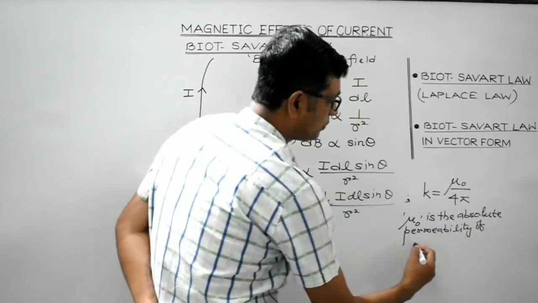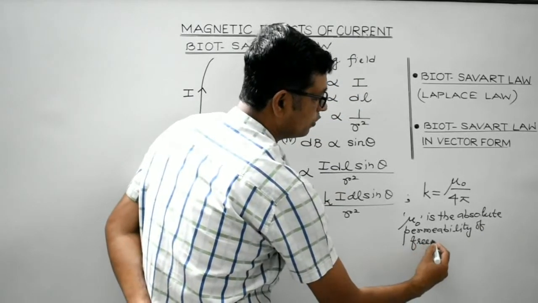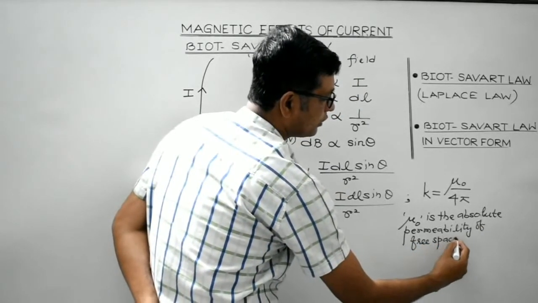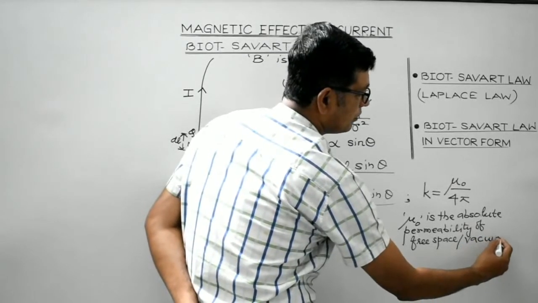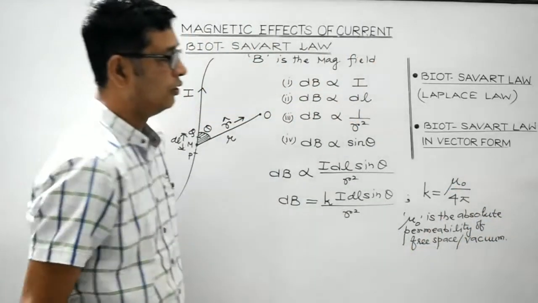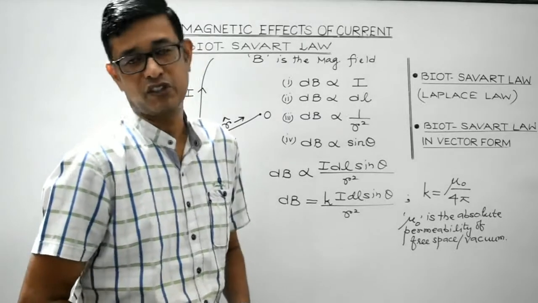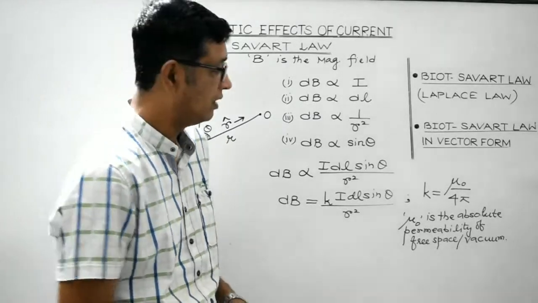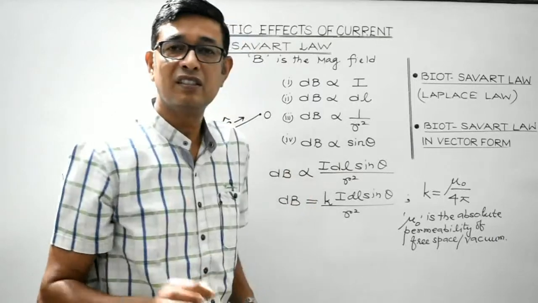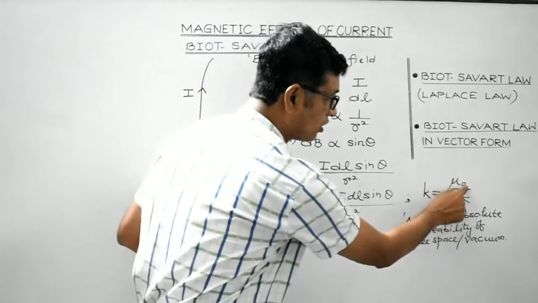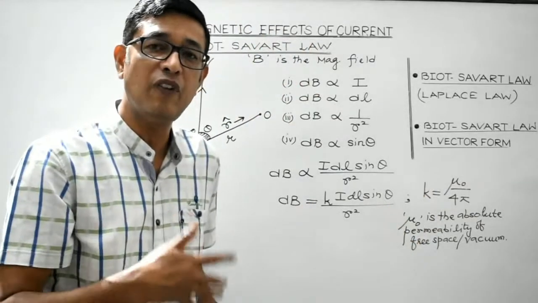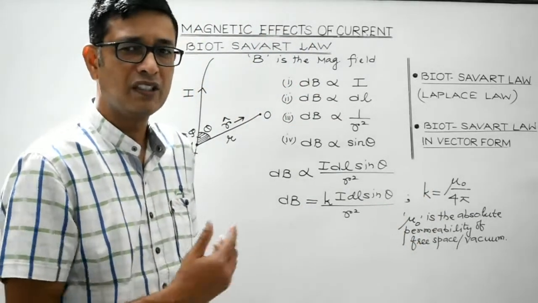Free space means vacuum. Right? So k is constant, which is given by mu naught over 4 pi. Mu naught, students, is the absolute permeability of free space. This naught represents the case of vacuum or free space where there is no medium.